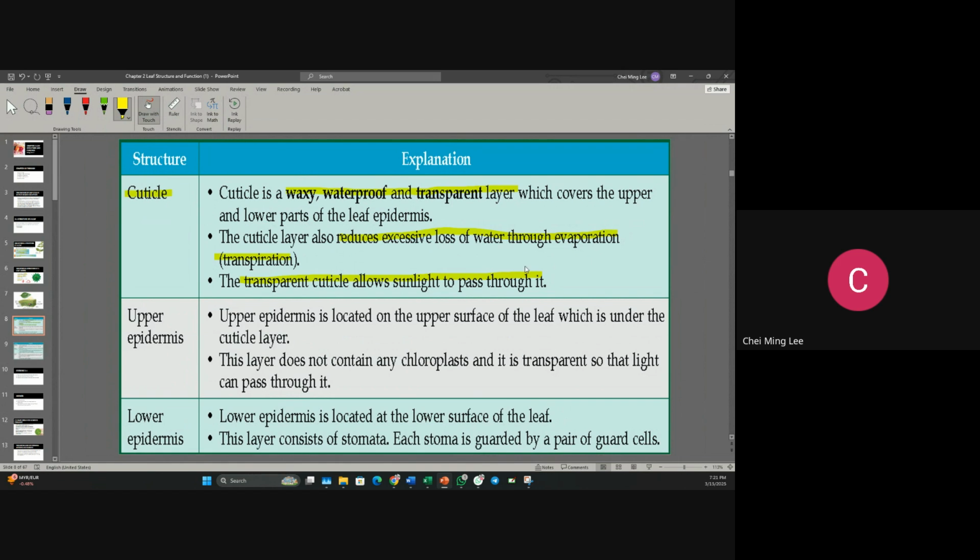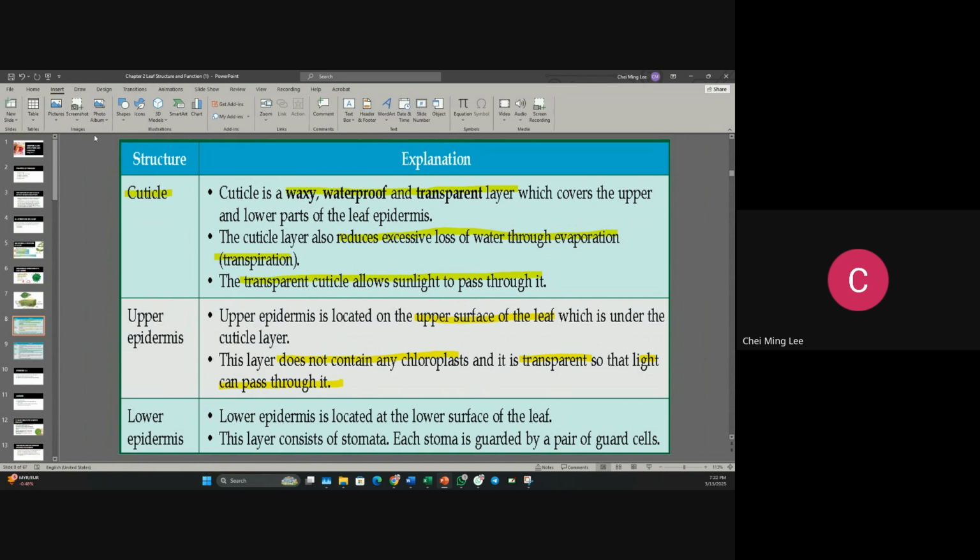Now the upper epidermis is located on the upper surface of the leaf, under the cuticle layer. It does not contain any chloroplast, and it is transparent, so light can pass through it. What's the function? Protection. Remember to add this one inside, if you have not.